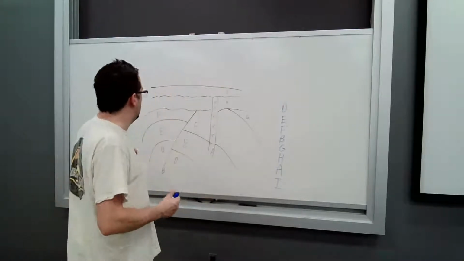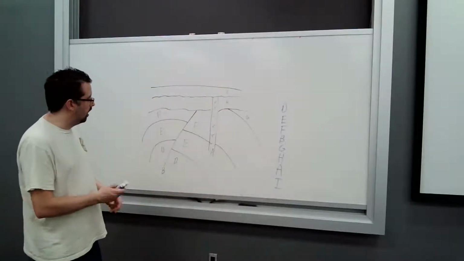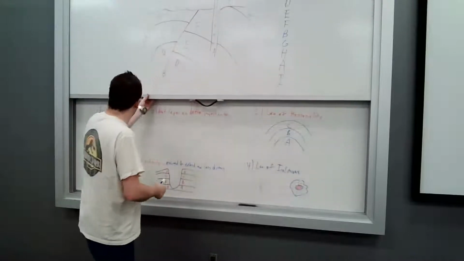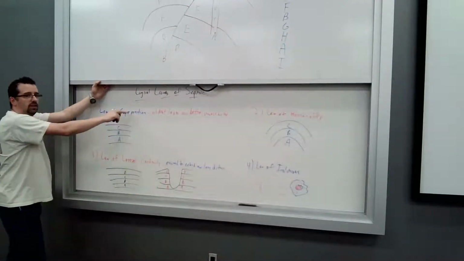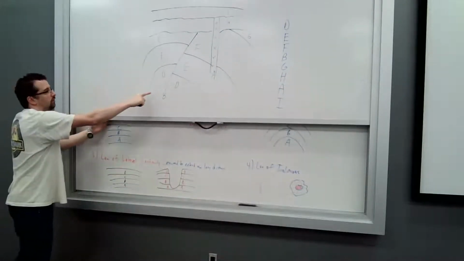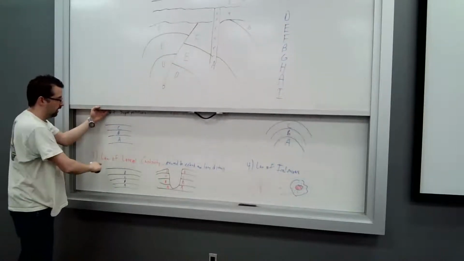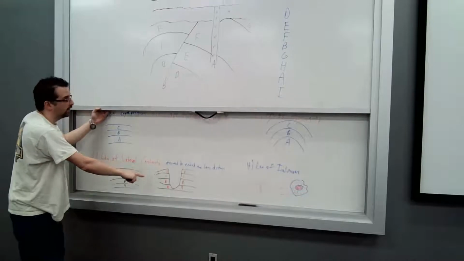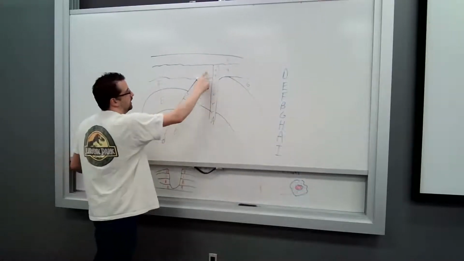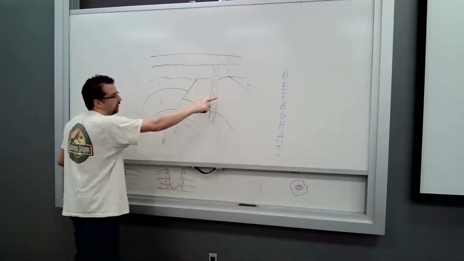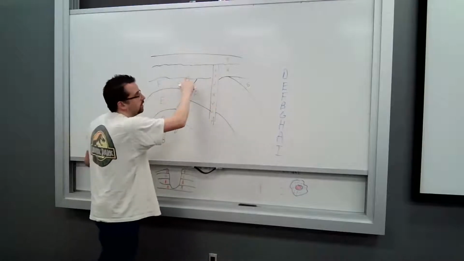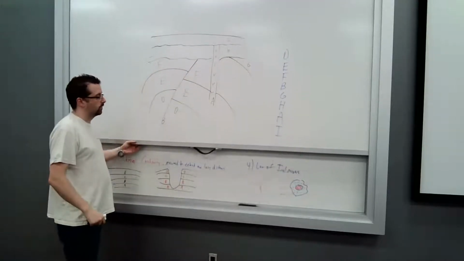But it will have the law of superposition in play because, you see, the older layers are below the younger. The law of lateral continuity is here because you see that H and even F here are assumed to continue even though they are separated by something else.